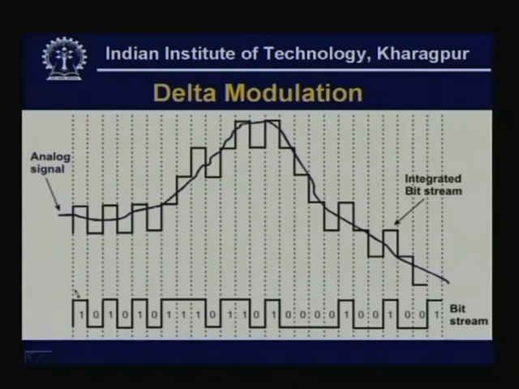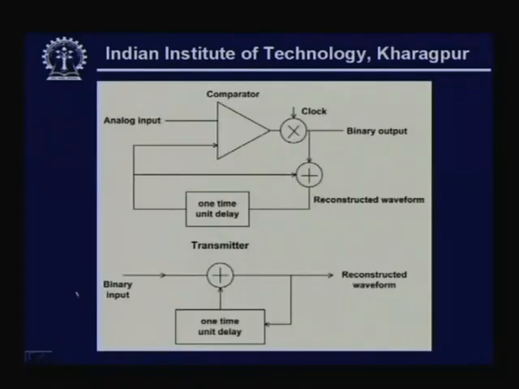So, the bandwidth is less, as you can see in case of delta modulation, and you can use a circuit like this, with an analog comparator. Here is the analog input, and with the help of this clock we are finding out whether the comparator output is 0 or 1, and depending on that you are sending 1 or 0.